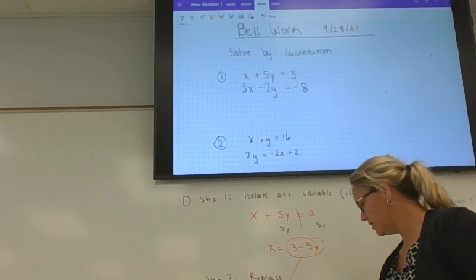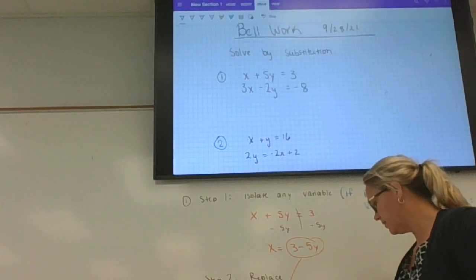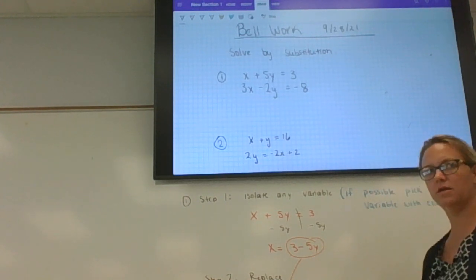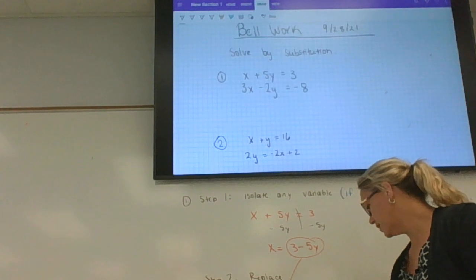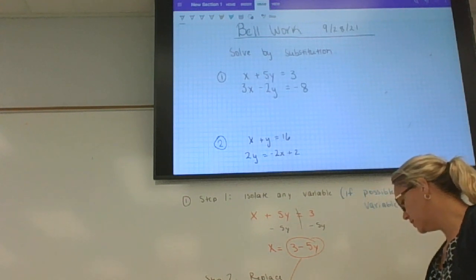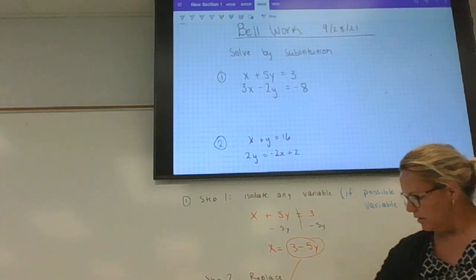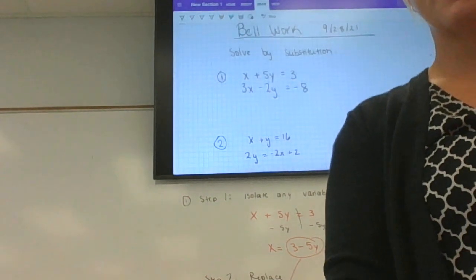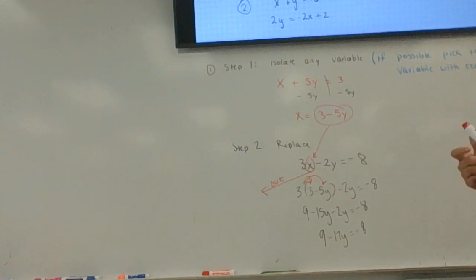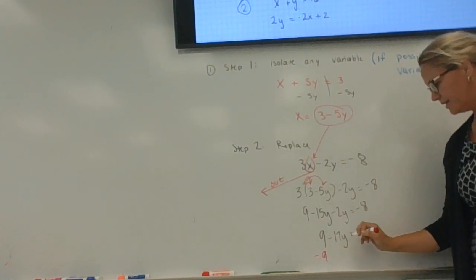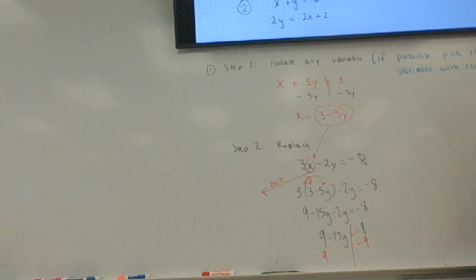Let's see. 9 minus 15y minus 2y is... Subtract 9. Happy to see another 17 here. Negative 17y equals negative 17. Showing all my inverse operations. Found y. y is 1.